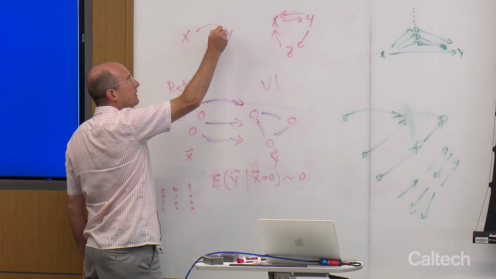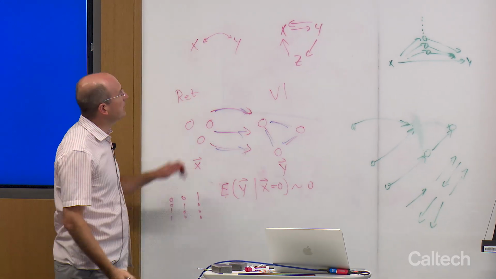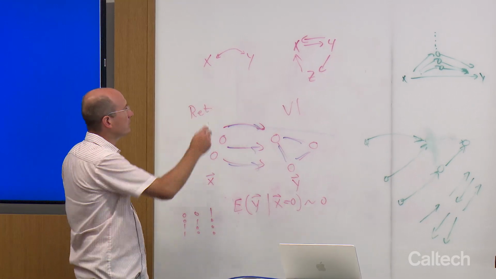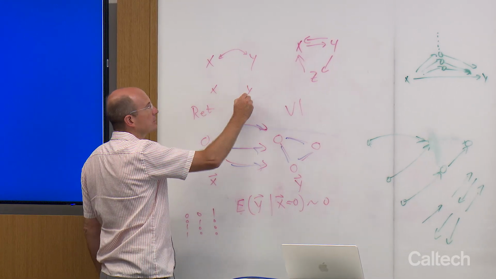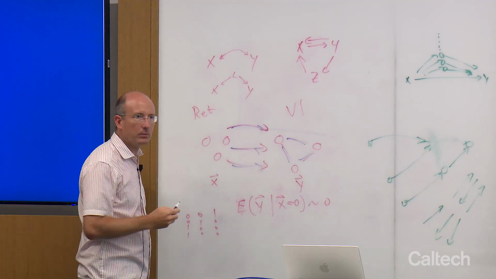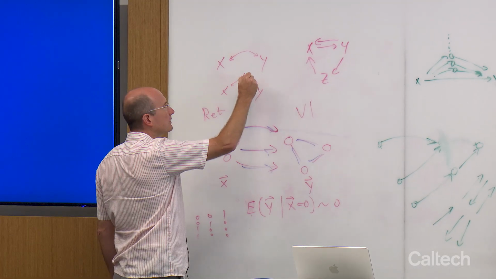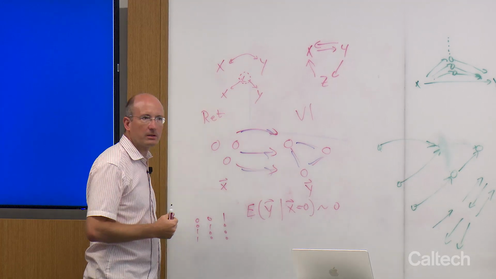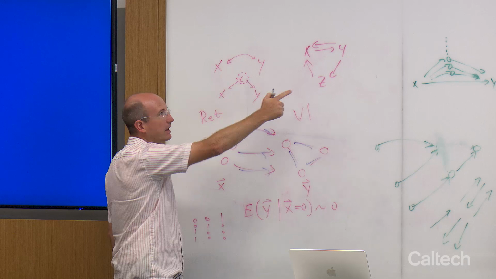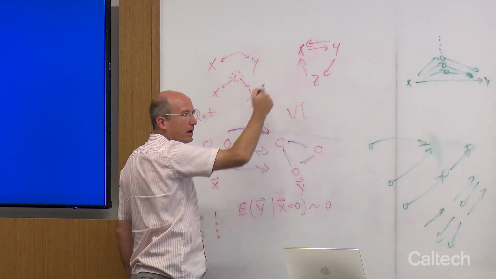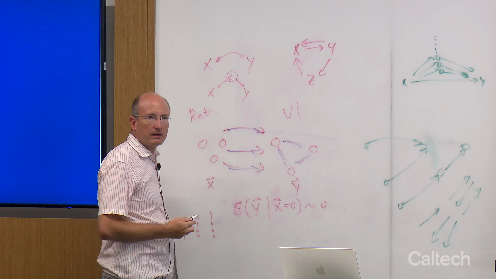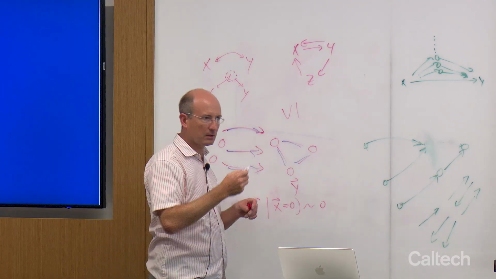So in the causal literature, this sort of arrow with 2 arrowheads is always interpreted as an unmeasured common cause. So this means that there is some latent variable that causes both, and you just don't get to see the latent variable. This is different from saying that x causes y and y causes x, which is then you'd have to put in 2 arrows. Here, the bidirected arrow means that there's an unmeasured confounder.